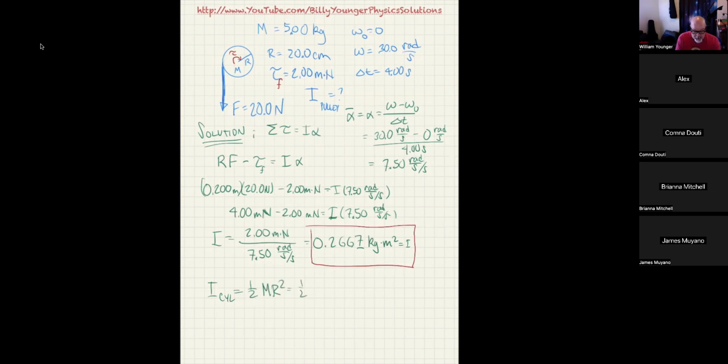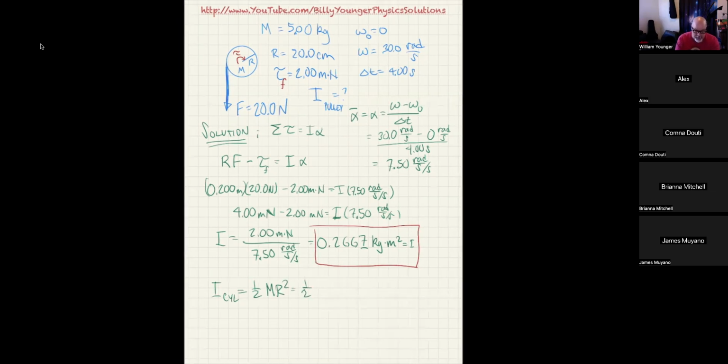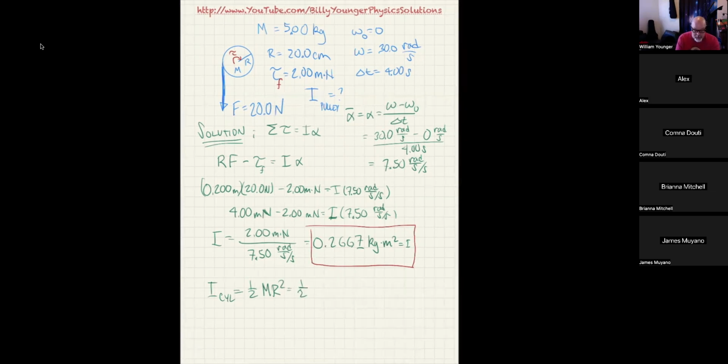So let's compute what this would be if it's purely a cylinder. Now, obviously, pulleys are never purely a cylinder, but this might be an approximation anyways. So I'm going to do 5.00 kilograms, and I'm going to multiply that by 0.200 meters, and that's going to be squared.